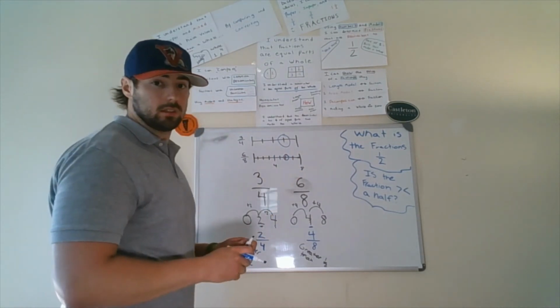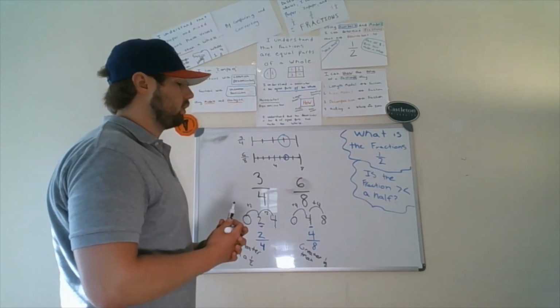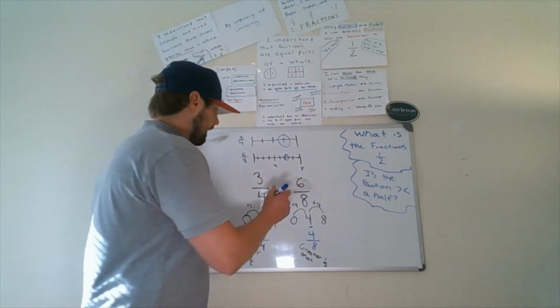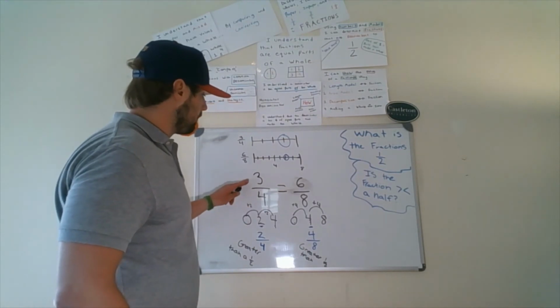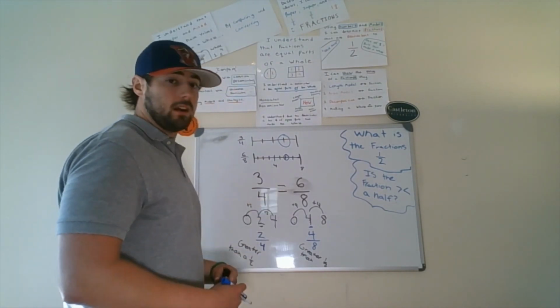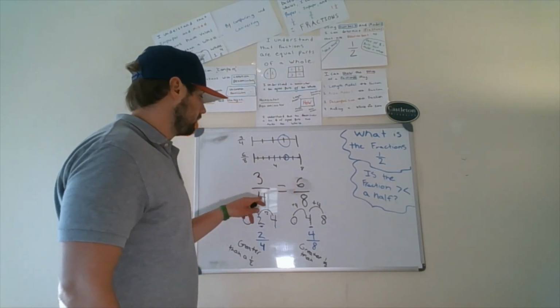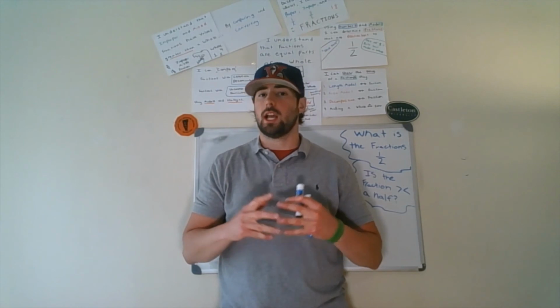What do you notice? Those look the same to me. What does that mean? That means they are indeed equivalent. Different numerators, different denominators, still equivalent. Different parts, still equal.